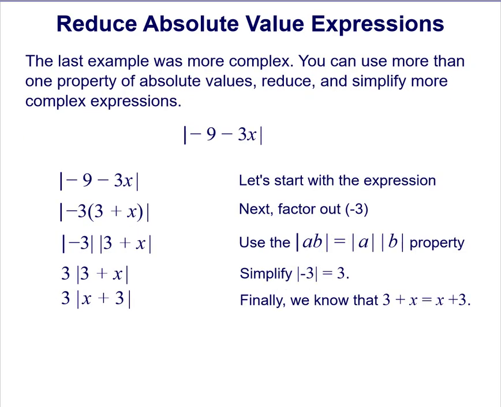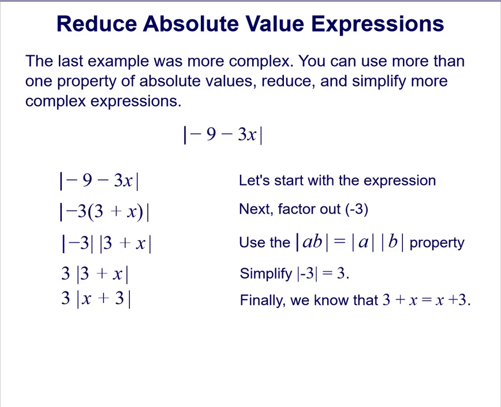That last example was more complex. You can use more than one property of absolute values to reduce and simplify more complex expressions. So if we start with the absolute value of negative 9 minus 3x, the next thing I would do is factor out a negative 3. So I factor out my negative 3. That leaves me negative 9 divided by negative 3 is a positive 3. And negative 3x divided by negative 3 is a positive x.